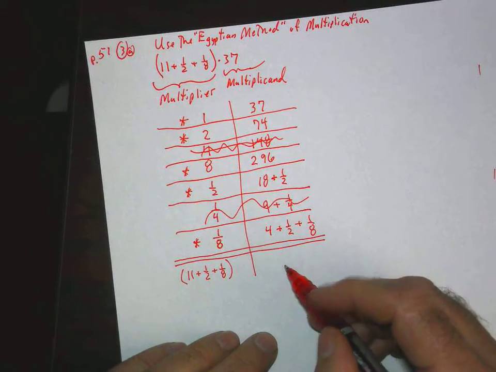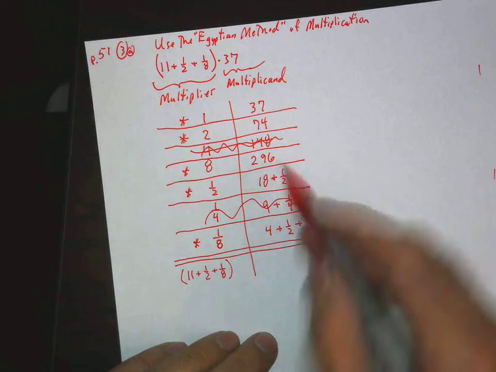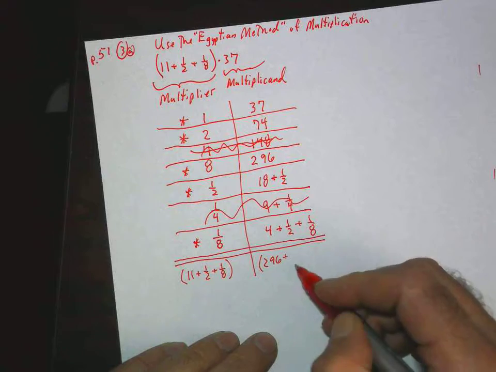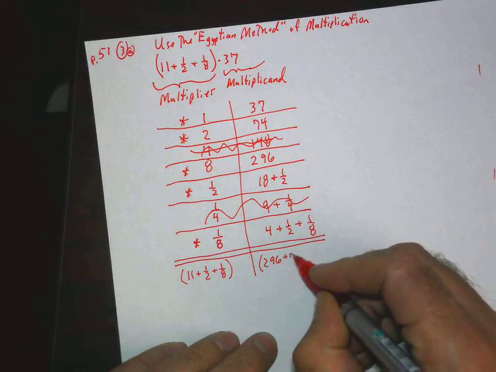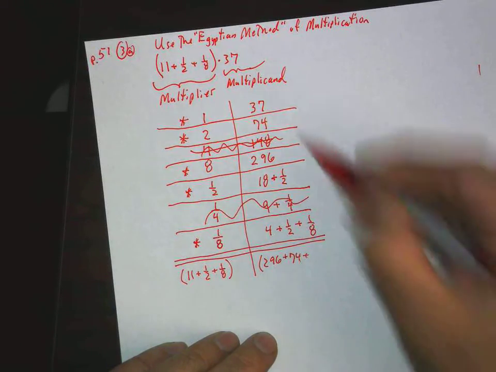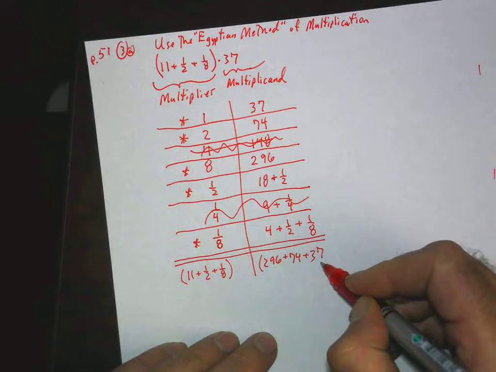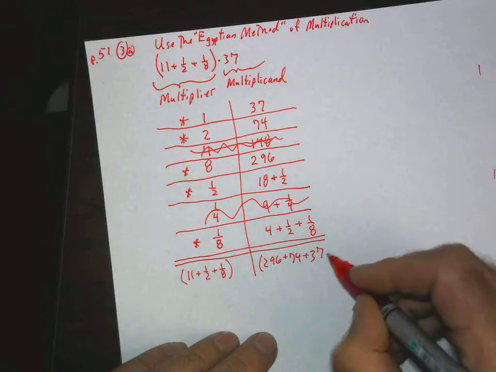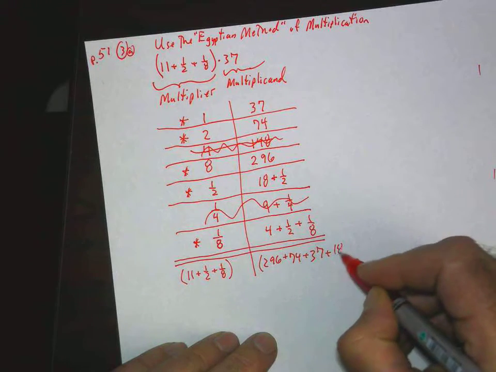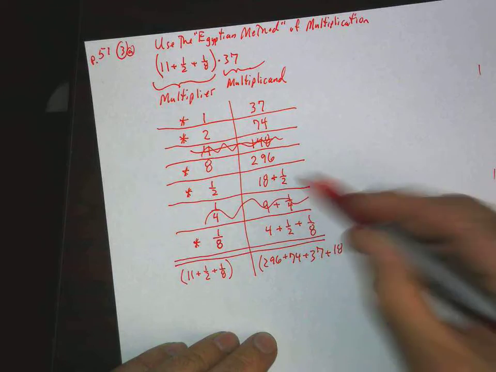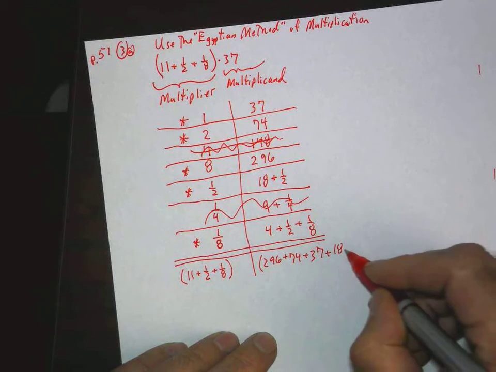Let's see, we are going to get 296 plus 74 plus 37 plus 18 and 1/2. I'll do the half later. Plus 4.